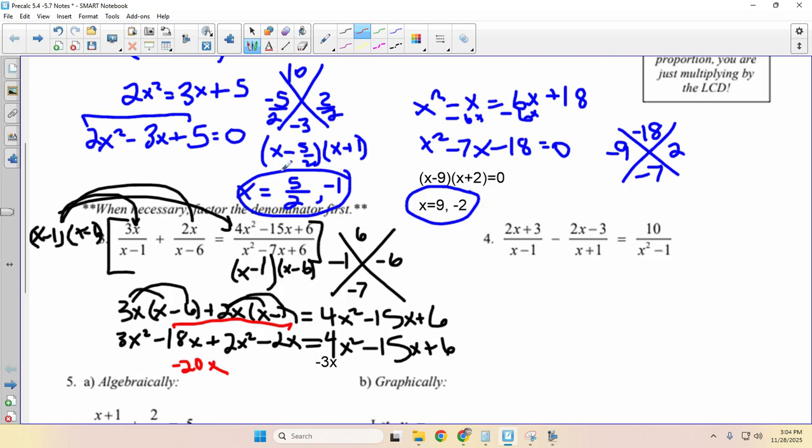Oh my, okay, hold on. Let's do that first, because then we can combine the 3x squared and the 2x squared for 5x squared.